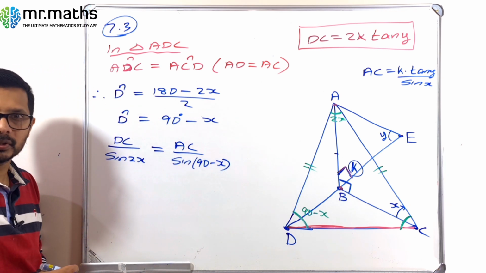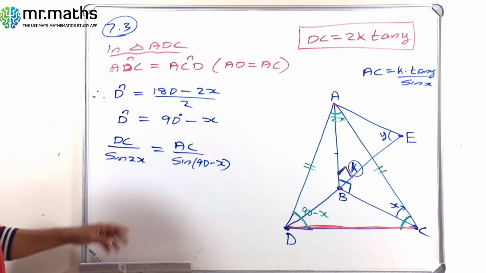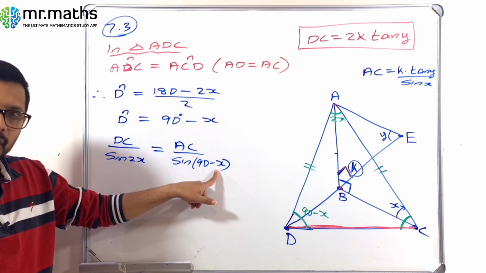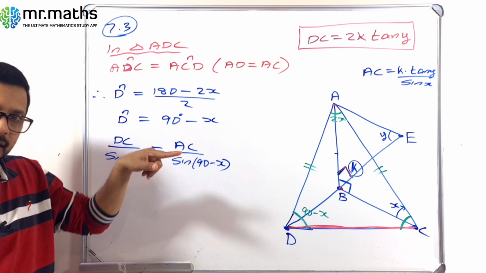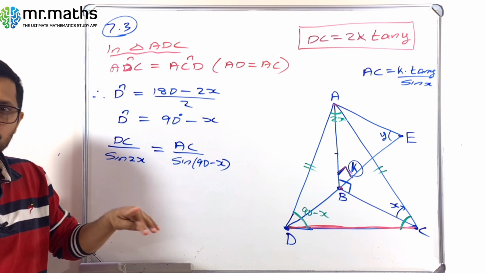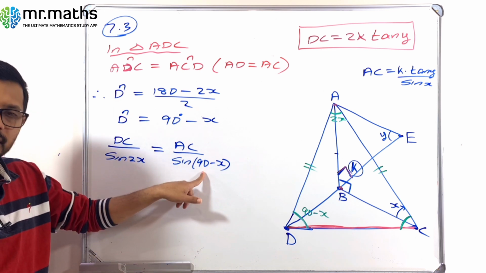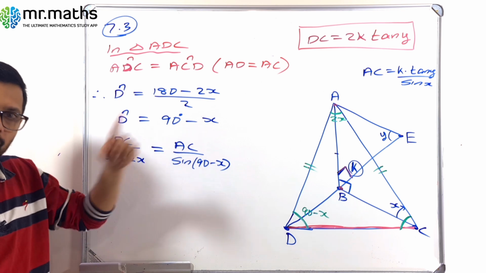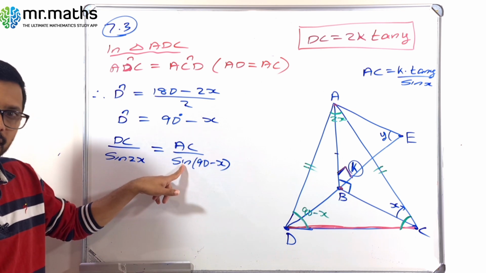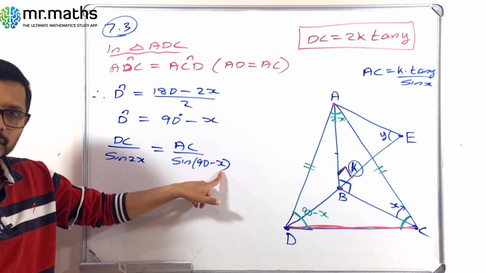Here 90 minus x is in the first quadrant, all are positive. Since it is based on 90, you have to change to its cofunction. What is the cofunction of sine? Cos. So this one is cos x.